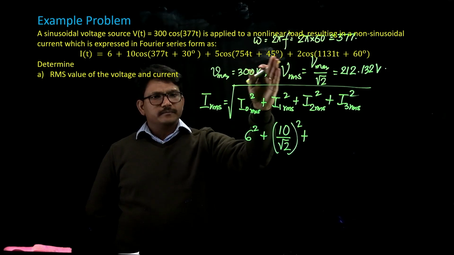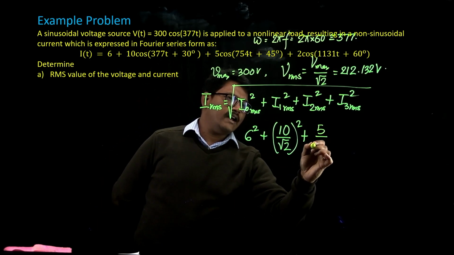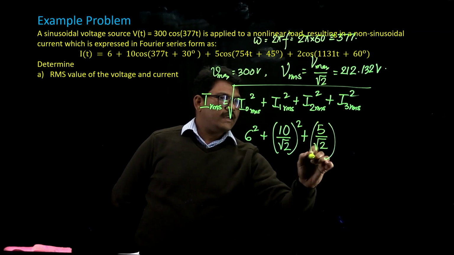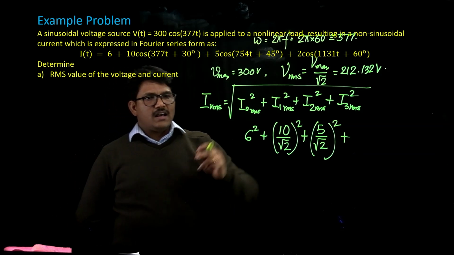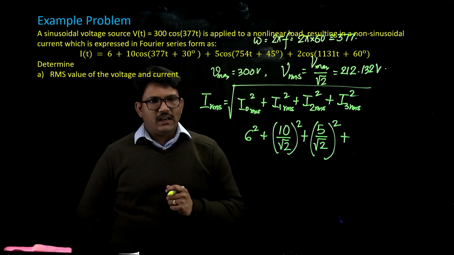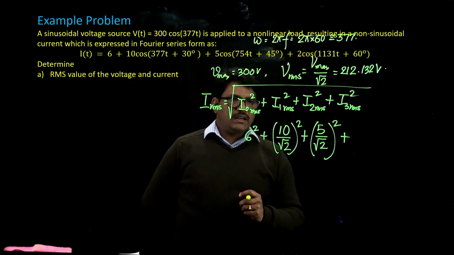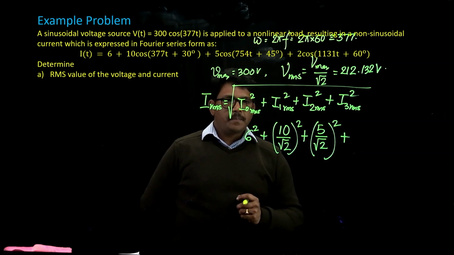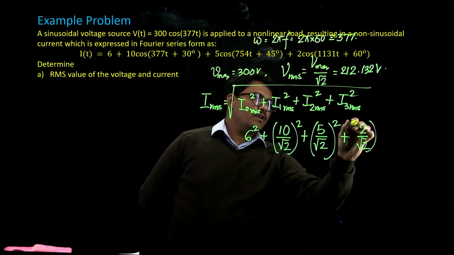Here the RMS value is 5 upon root 2, and that RMS square is something like this. The last current is 2 cos 1131t plus 60 degrees, and its RMS value is 2 upon root 2 whole square.